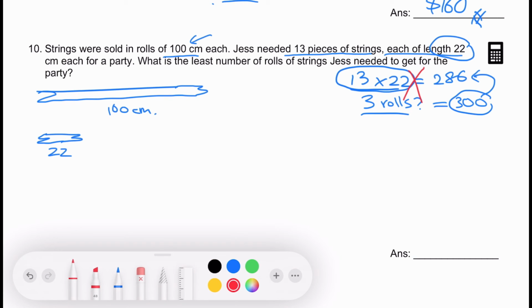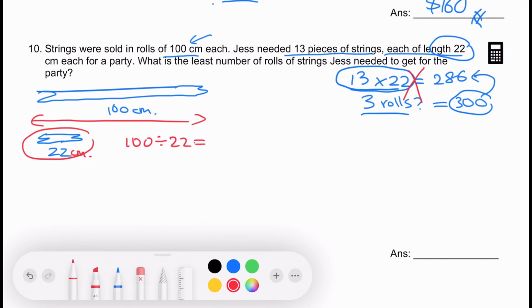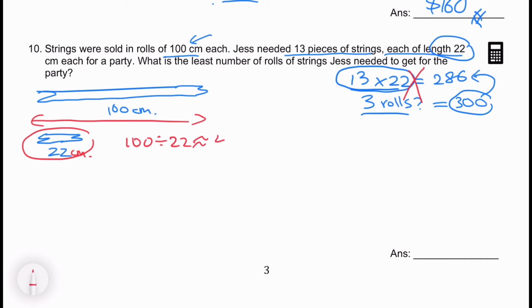Instead, I need to find out in that 100 centimeters, how many of this 22 centimeters ribbon would there be? So 100 divided by 22 would give me about, okay, maybe I should use the approximate sign, about maximum 4, correct? That means I would have to use up 88 centimeters, and the rest would be thrown away because I cannot join them up.